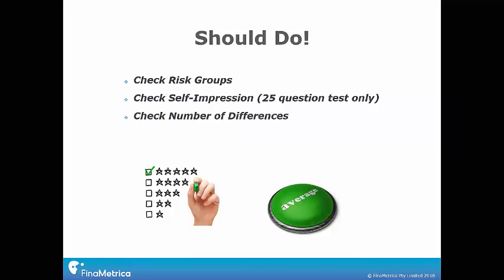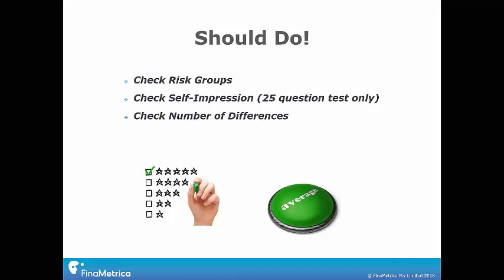Checking the number of differences. As previously mentioned, differences occur among virtually all tests. While those within a risk group are similar, they are not clones. To see 2 to 5 for the 25-question test or 1 to 3 in the 10-question test is not uncommon.